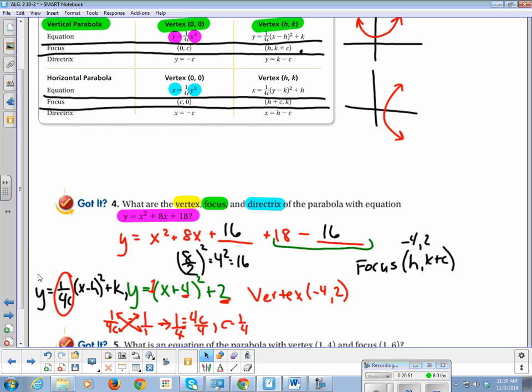So now I have my focus is equal to h, comma, k, which we found was 2, plus 1/4. Can't leave it as 2 plus 1/4, so we're going to write that as 2 and 1/4.